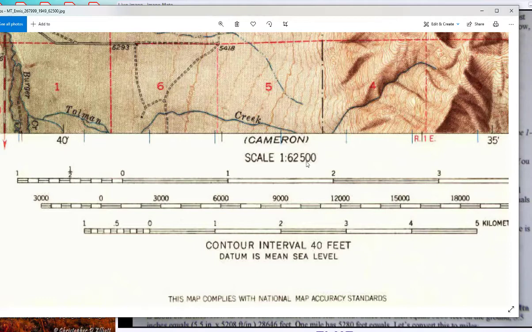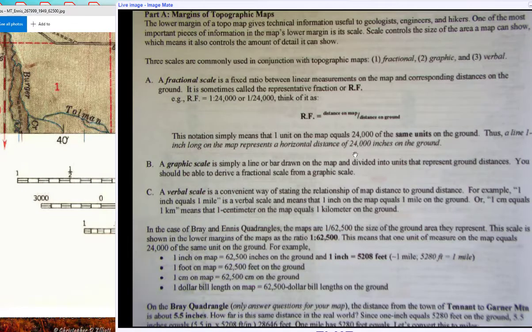Obviously, it's kind of hard to deal with 62,500 inches, so you'd have to divide by 12 to give you feet and divide by 5280 to give you miles. Talk about it there. So make sure you read here, right? Somewhere in here I have the 5280, so that's kind of a magic number you should know. There it is, 5280 feet on the ground, right?